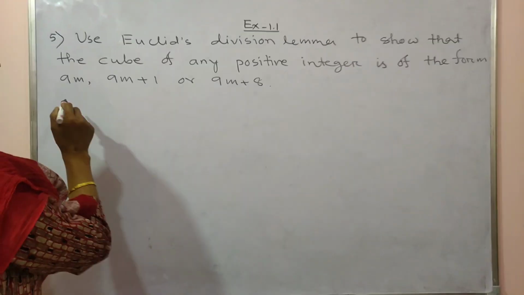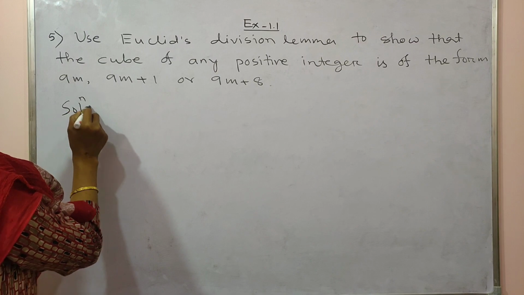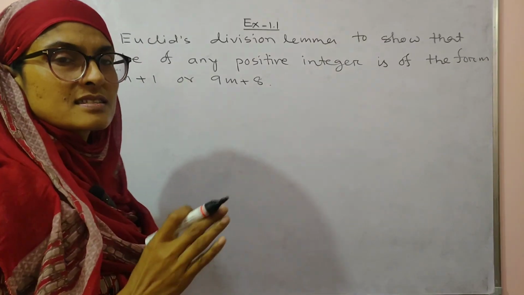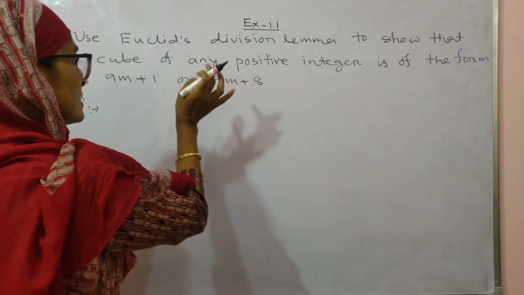So, first, you have to choose two integers a and 3.